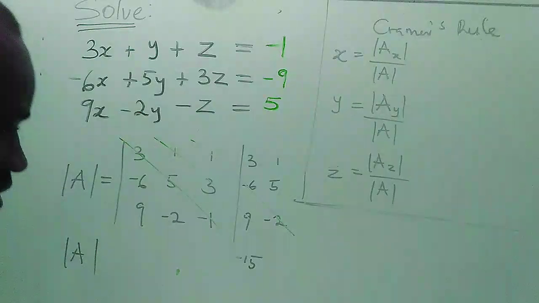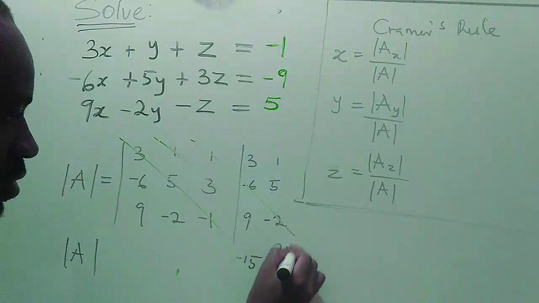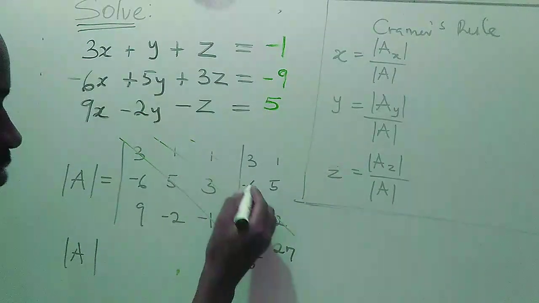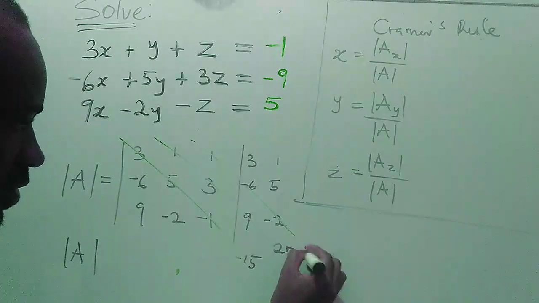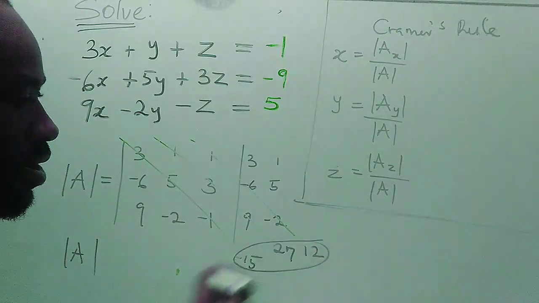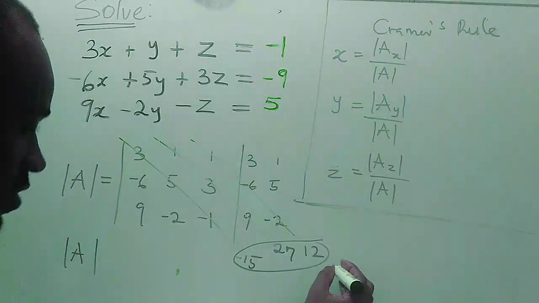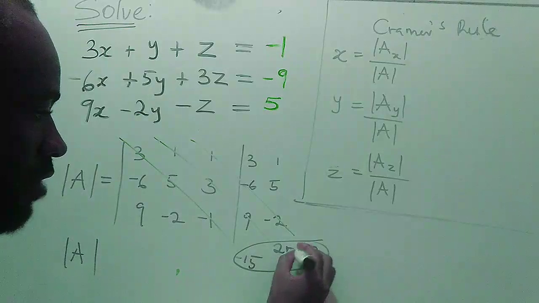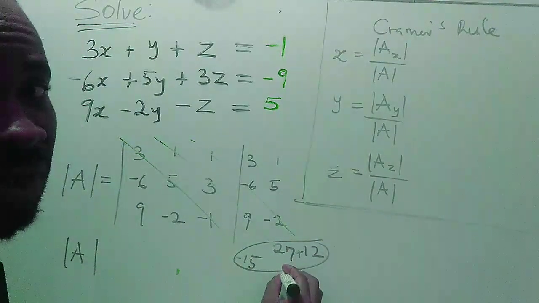Okay, and then if you do this other one, it's going to give me this times this, 27. If you also do this, 1 times minus 6 times minus 2, that will give me 12. And when you sum up everything here, this will give us 24. Hope you can see that.